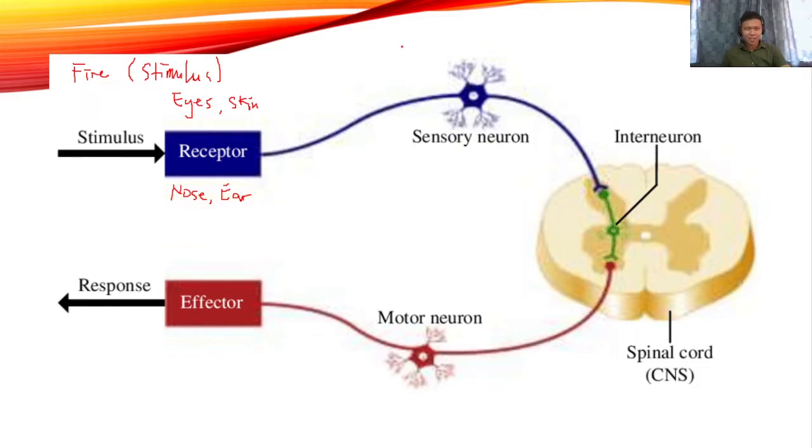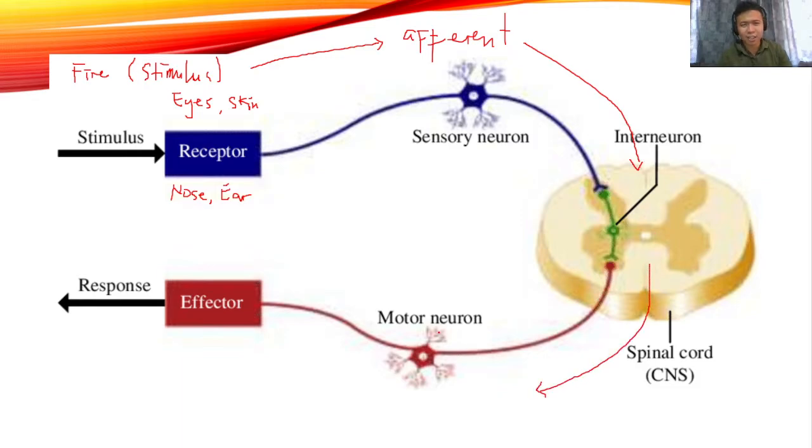So your sensory neuron or the afferent neuron sends the information to your brain so that it can process what certain reaction you will do.